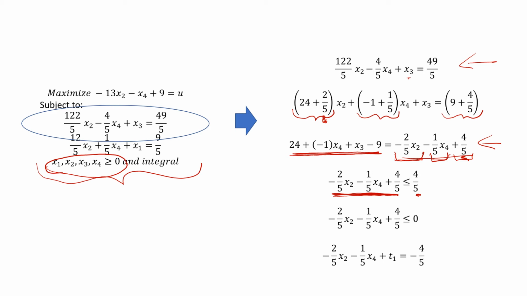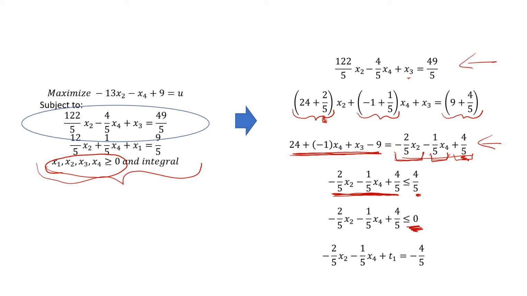So our negative 2 over 5 x2 minus 1 over 5 x4 plus 4 over 5 has to be an integer, and it has to be less than 4 over 5. So it can't be anything between 0 and 4 over 5. That means it has to be less than or equal to 0 because it's also an integer.